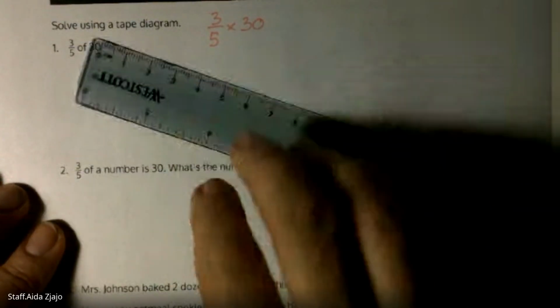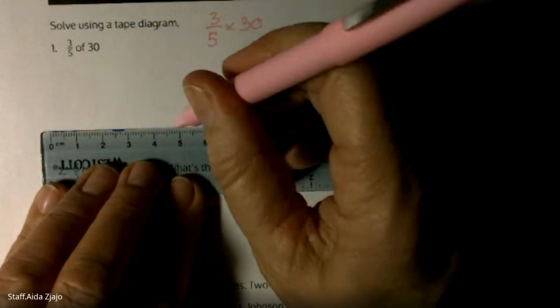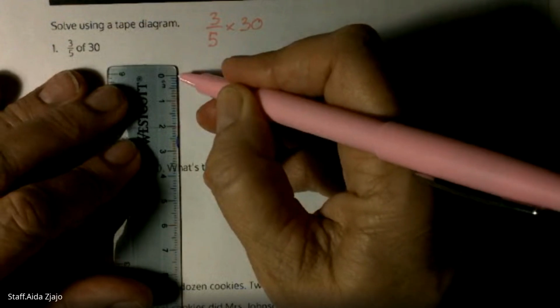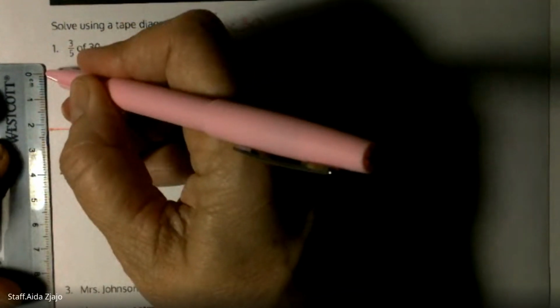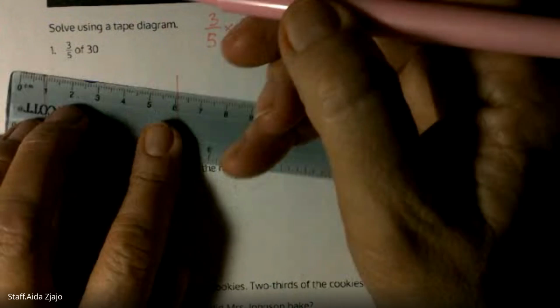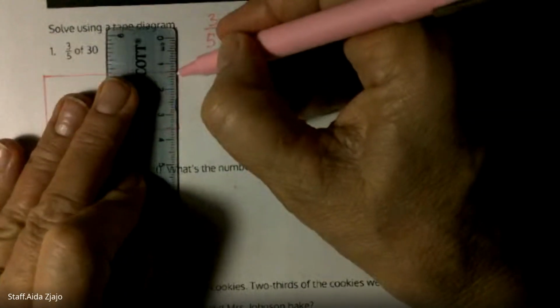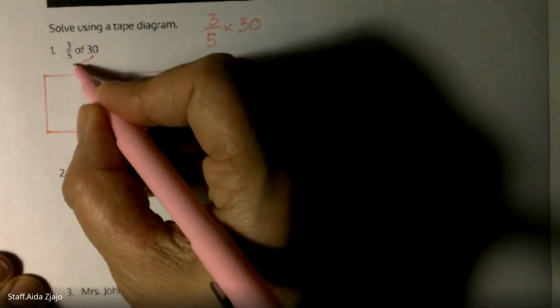The best way is if we assume that this whole rectangle is 30. Okay, I'm going to draw that. Okay, here you go. So the whole rectangle represents 30.